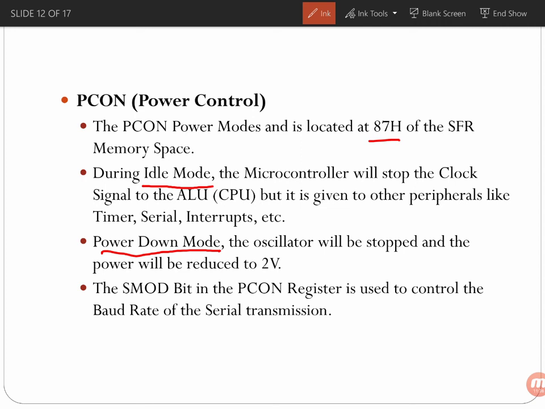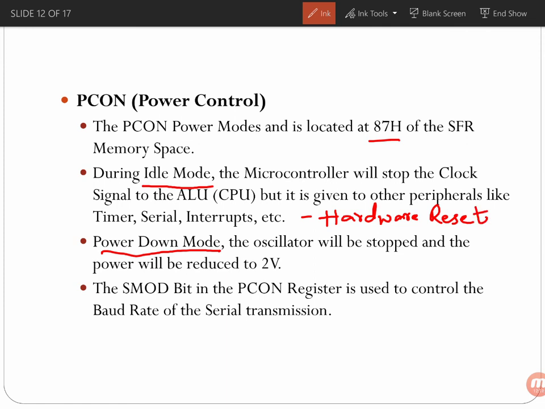During the idle mode, the microcontroller will stop the clock to the ALU, but it is still given to the other peripherals like timer, serial and the interrupts. In order to terminate the idle mode, we need to use an interrupt or the hardware reset.